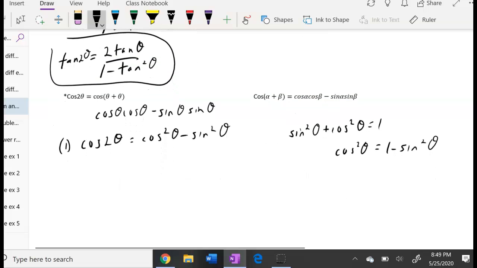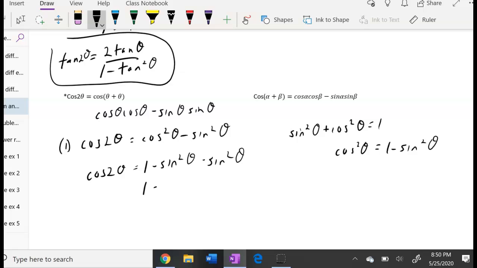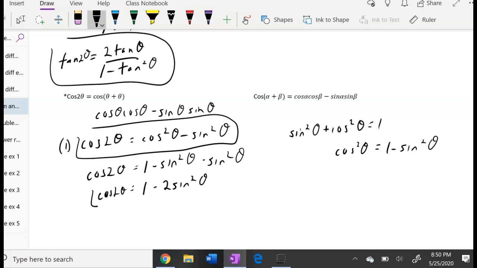And so one alternative for how to write this would be the cosine of 2 theta is, and we're going to replace the cosine squared with 1 minus the sine squared. So 1 minus the sine squared of theta minus the sine squared of theta gives us 1 minus 2 sine squared of theta. And so that's one of the options. This is number 1. This is number 2.